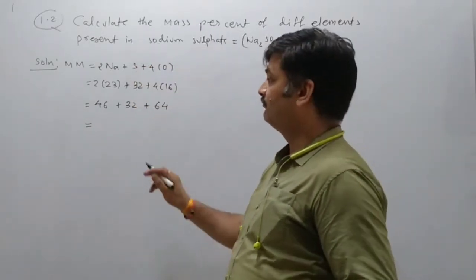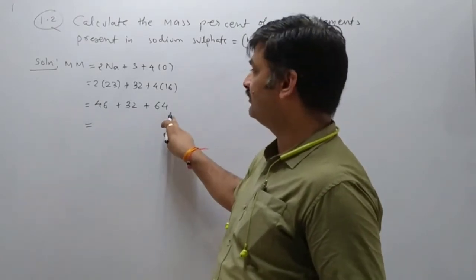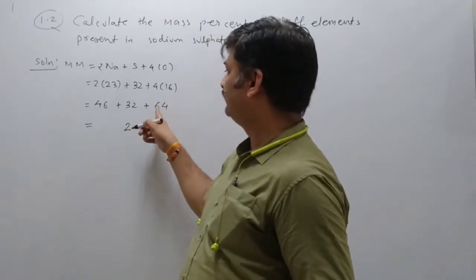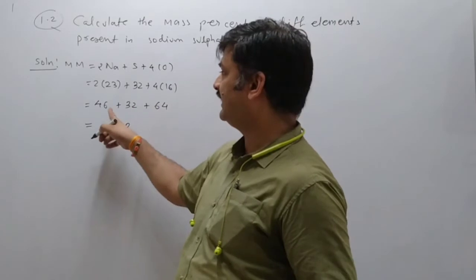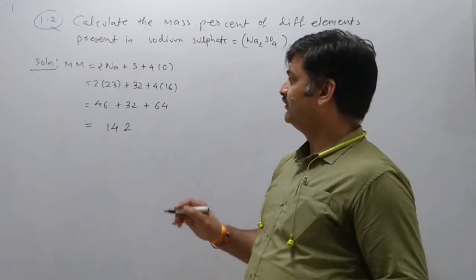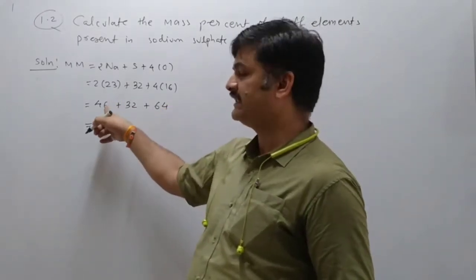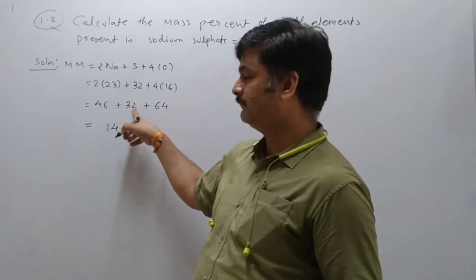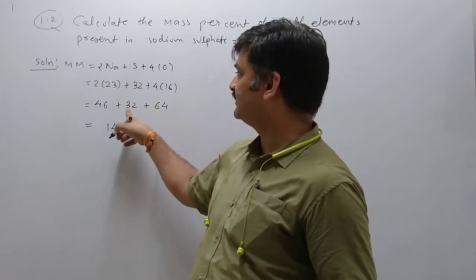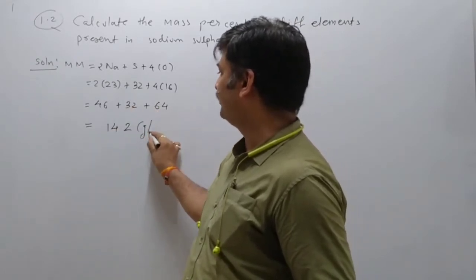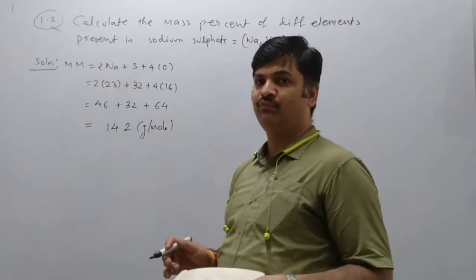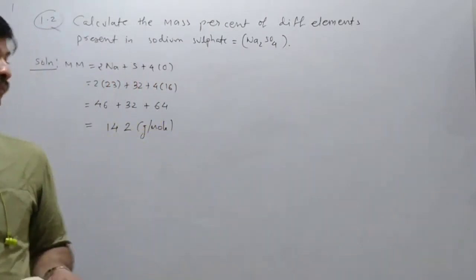So 46 plus 32 plus 64 gives 142. You have to specify the unit. The unit is gram per mole.